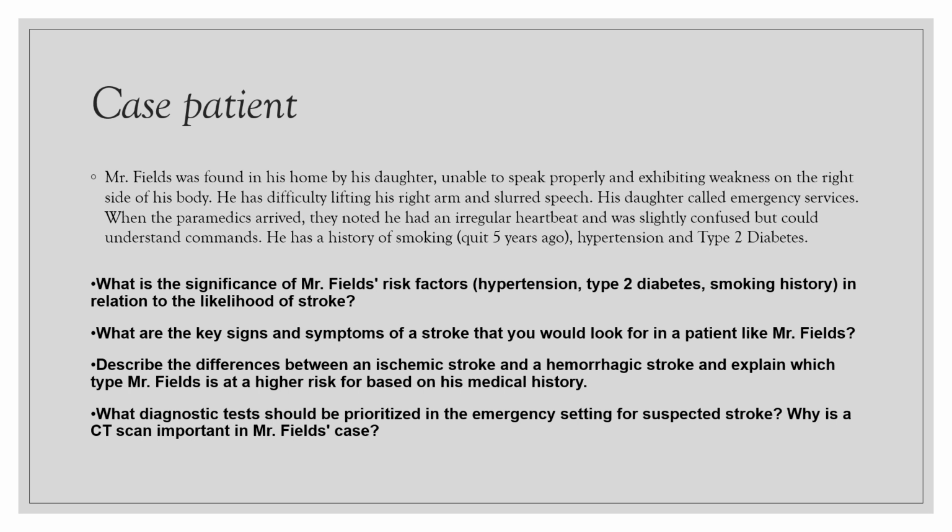So in Mr. Field's case, they would absolutely want to get a CT scan as a priority as soon as he gets into the emergency room setting, so they could look at his brain, see if he's having a stroke, see if it's hemorrhagic or ischemic, because once they get that CT scan, they will be able to differentiate if it's because of something causing ischemia or if there is a bleed in the brain.